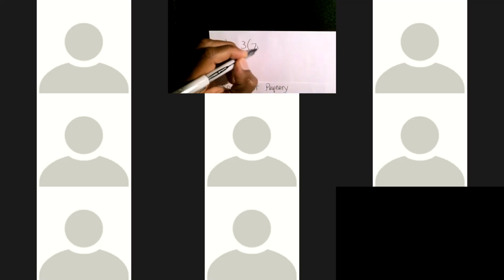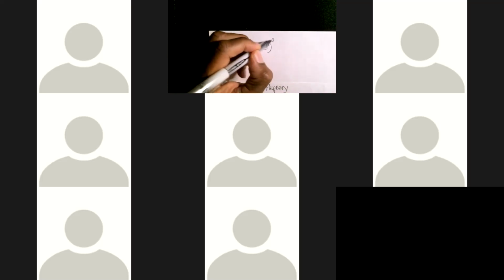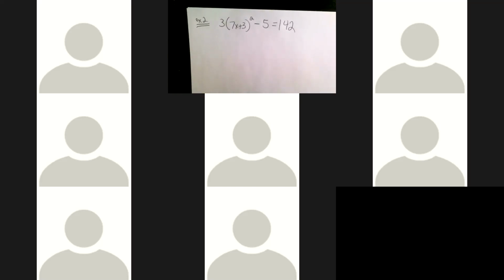3 times (7x plus 3) squared minus 5 equals 142. That's correct. Please give this a solid effort. Give yourselves about 3 minutes to work this out as far as you can.